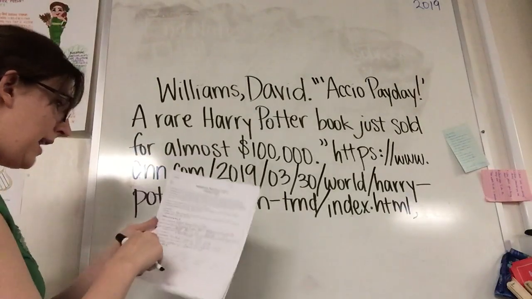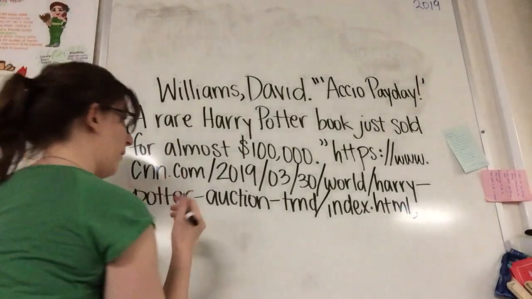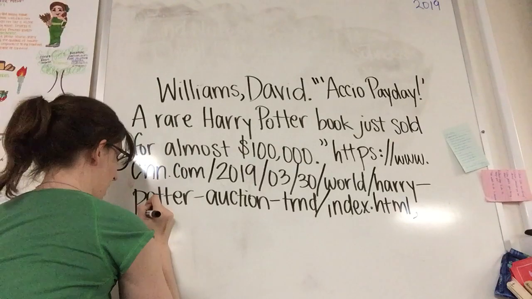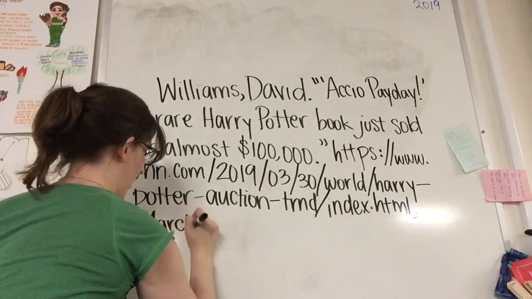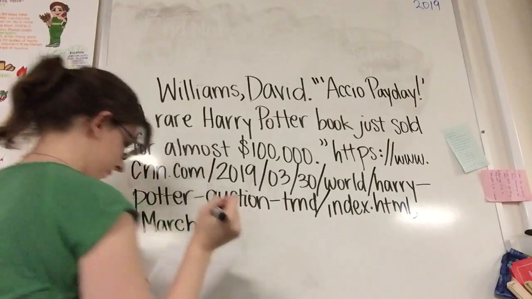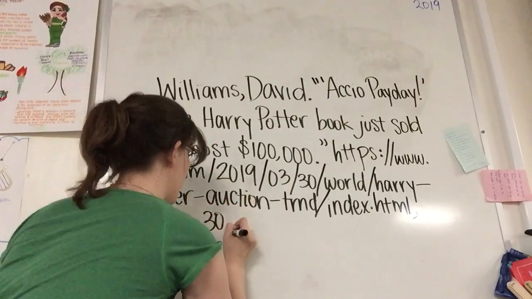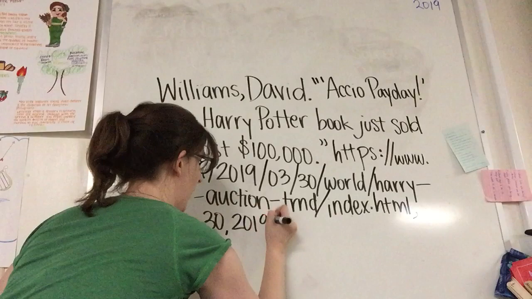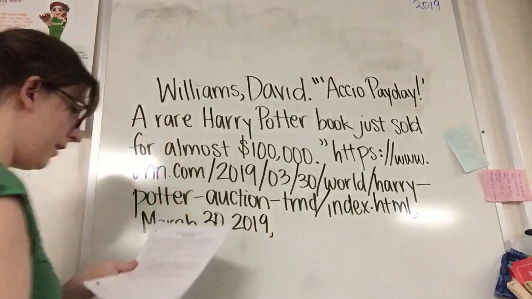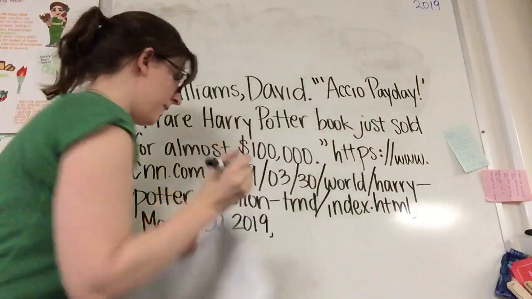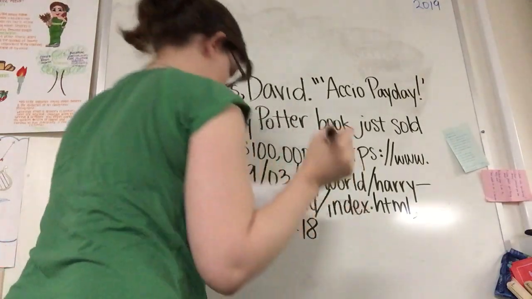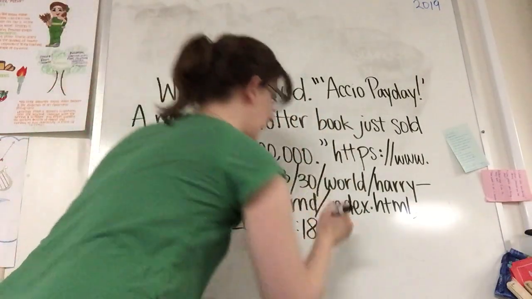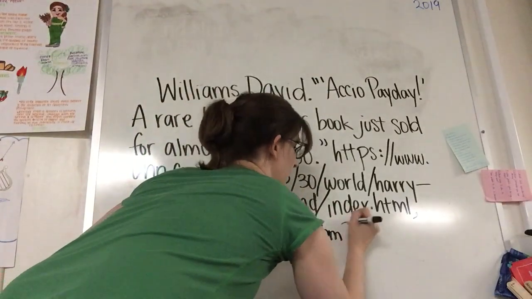So in my case, I go to version and I put March 30th, 2019, comma, 5:18 p.m. Eastern Time.